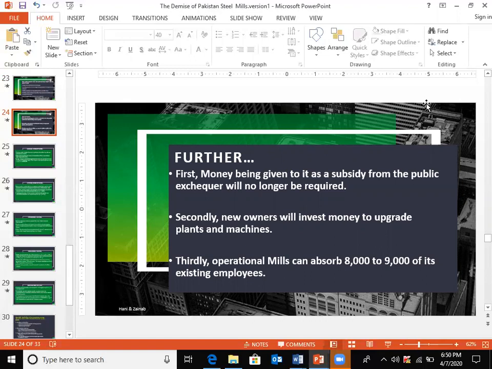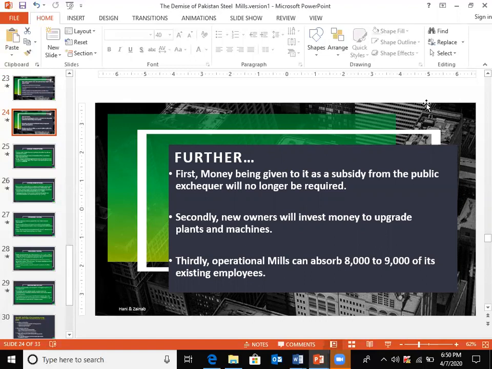The other thing was that the steel mill is a government entity, and whatever losses it was incurring were coming out of the government. So the government was paying for the losses of the steel mill.